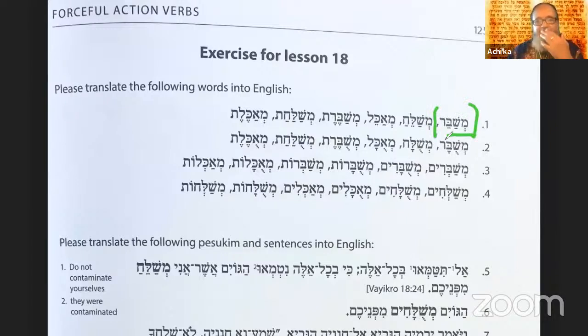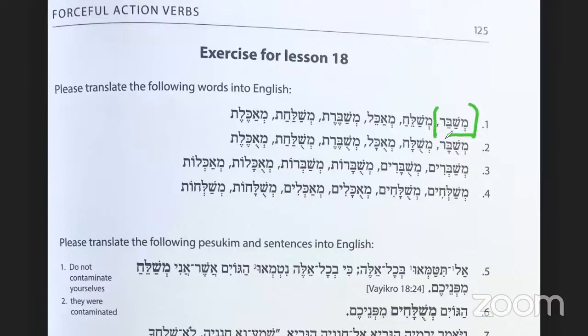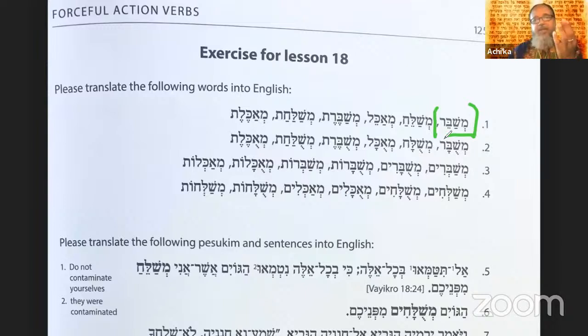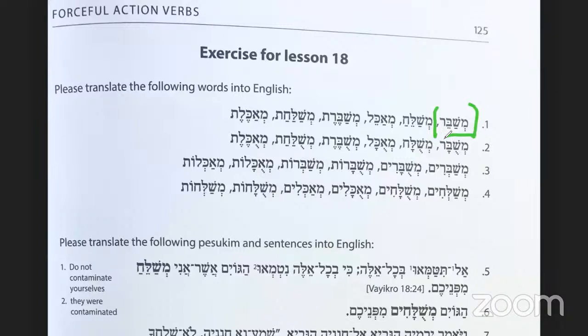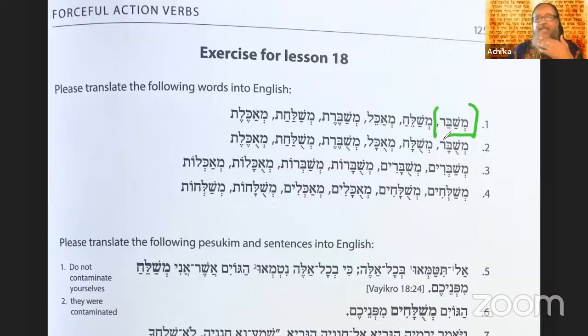Is that active or passive? Active. If you don't remember what the Hebrew word shabar is, it means to smash. So what's going on right here? It's smashing.